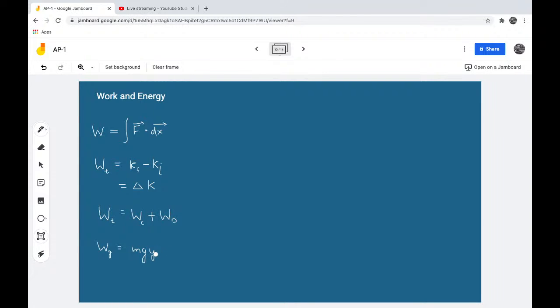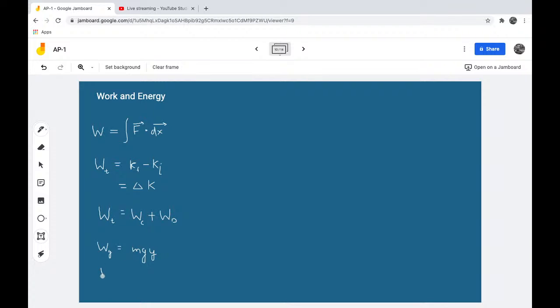It depends on plus or minus, depending on the movement of the body. If the body moves up, the work done by gravity is negative because the force and displacement are in opposite directions. If the body moves down, then the work done by gravity is positive because force and displacement are in the same direction. So that is the work done by gravity.